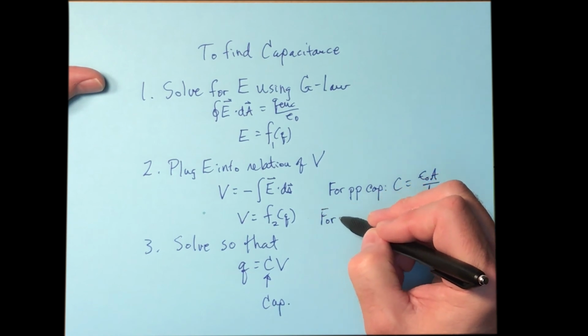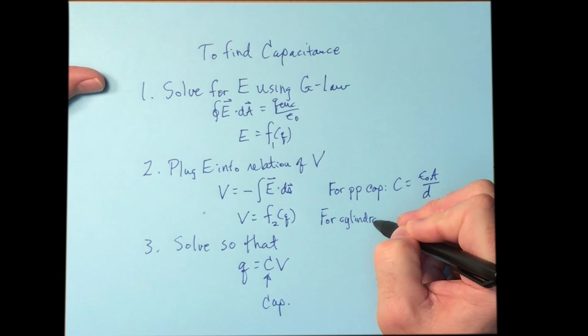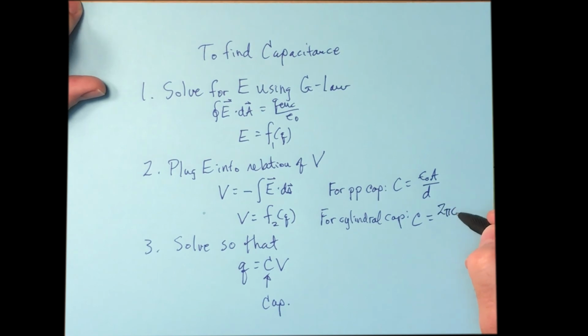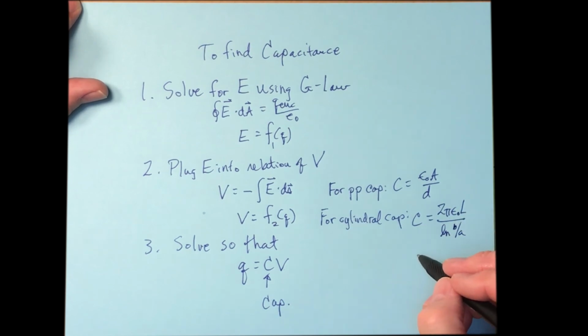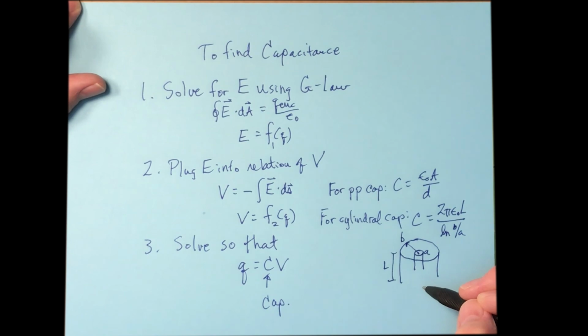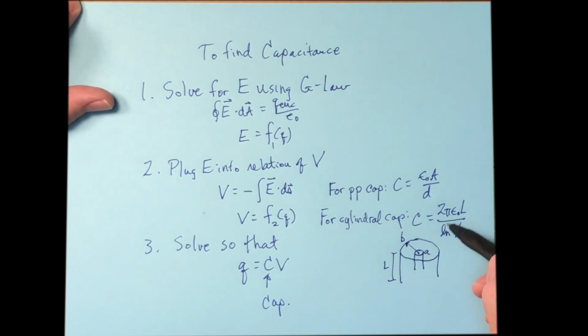For example, for a cylindrical capacitor, C equals 2 pi epsilon naught L over the natural log of B over A. That means you've got an inner cylinder with a radius of A, and surrounding that another cylinder with a radius of B. The length of the cylinder is L. If you go through the process for the cylindrical capacitor, you end up with this as your capacitance.